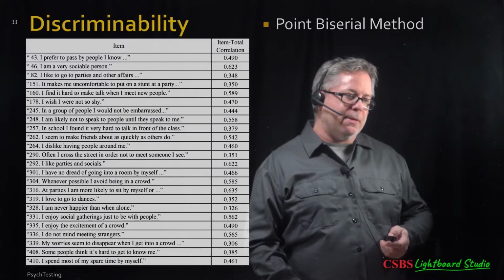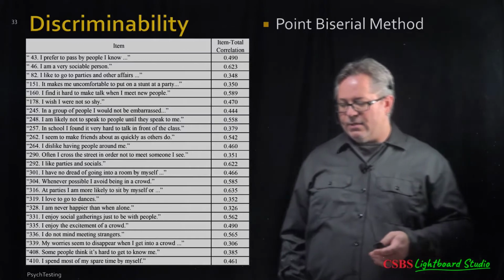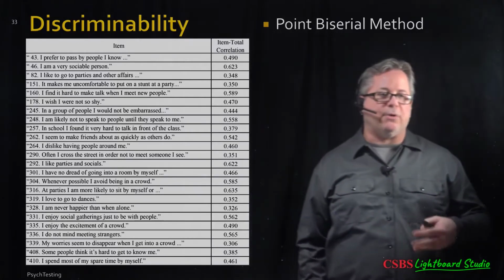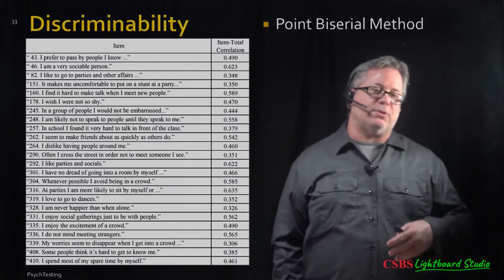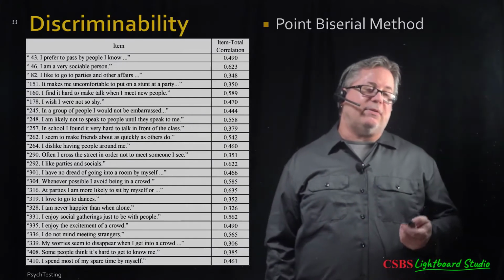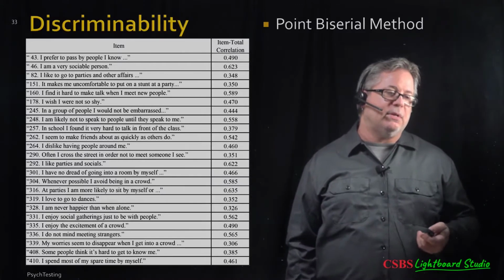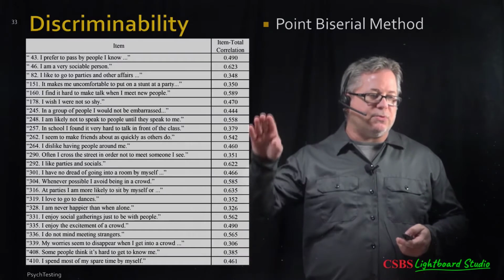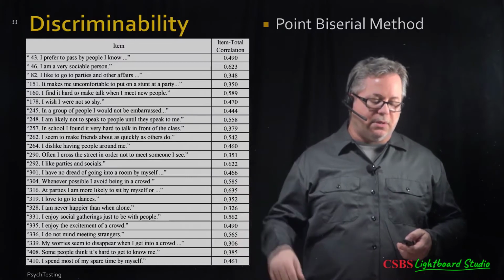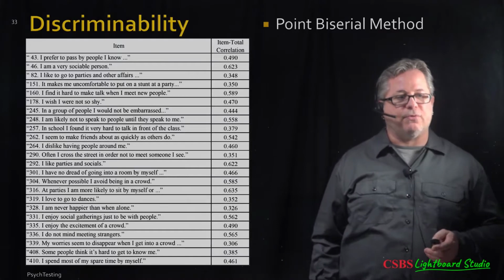So it tells us a lot about which items seem to be correlating with or predicting a person's overall trait well. The idea here is that if you were going to pick just one item to ask, you'd want to pick one of the items that are most discriminating, to tell you the difference between the high and low responders on the overall test.